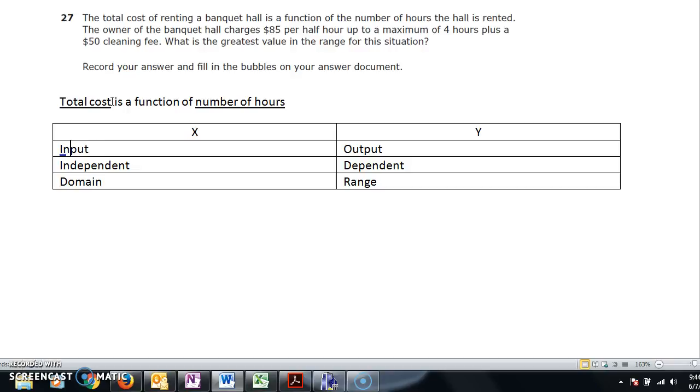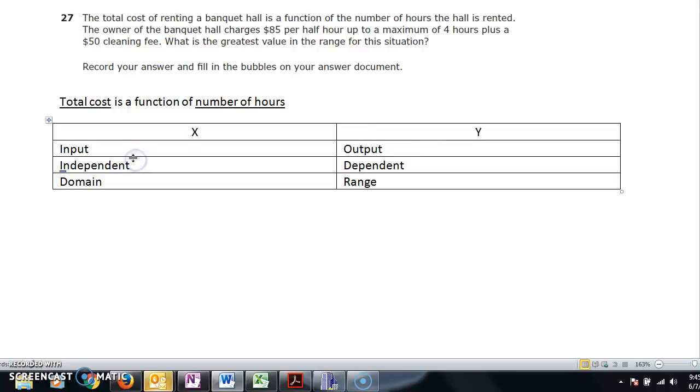I put in a certain number of hours, so I rent a certain number of hours, and I get out some total cost. The other way I can say it is the total cost is dependent on the number of hours.